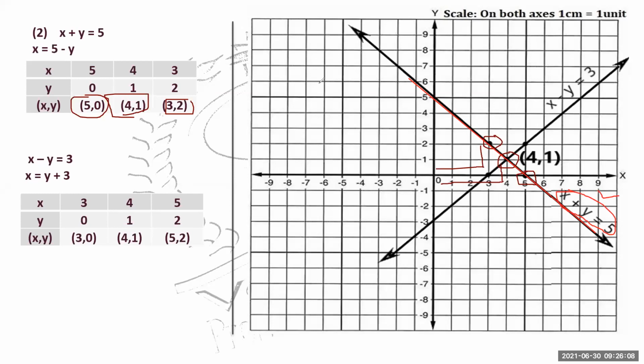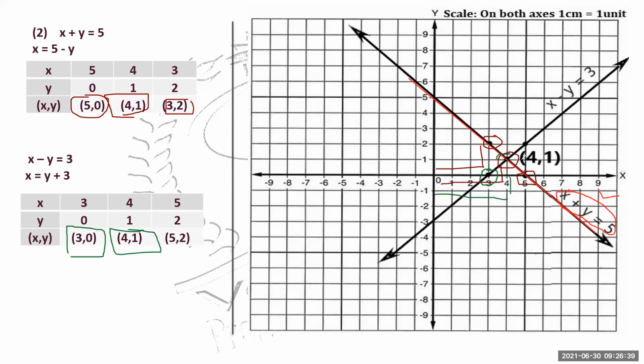Now we will move to the second set of points. 3 comma 0. Again, where will 3 comma 0 lie? It will lie on the x-axis. 4 comma 1: move 4 places towards the positive x-axis, 1 place up.